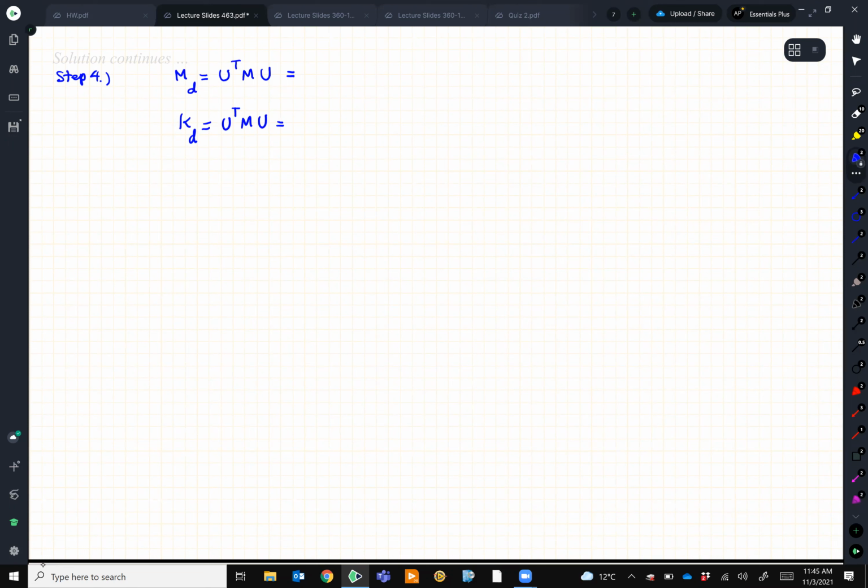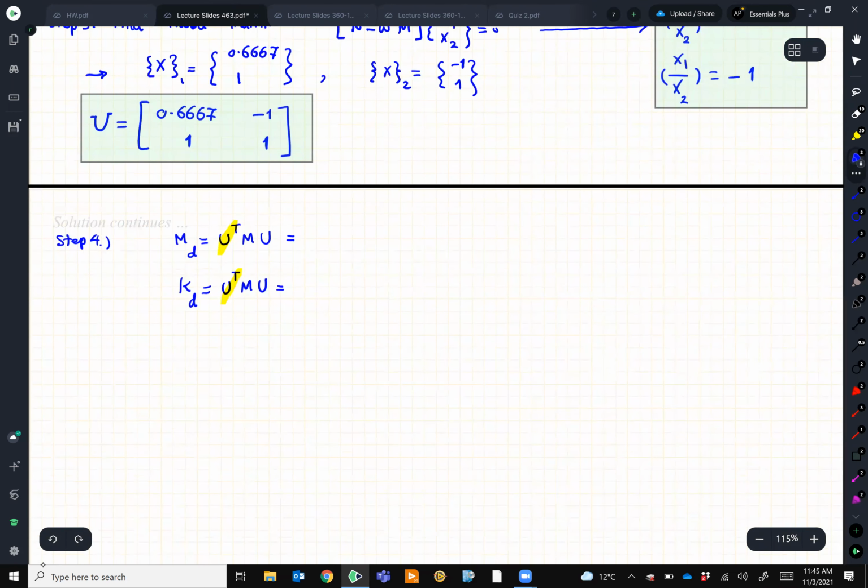And here is something that I have to admit. Today, when I was doing this calculation, I forgot to put this transpose there. So I found this U. This is also good for your exam. Immediately I said, okay, M D U, without writing the equation, I put the U matrix, the M matrix, and again the U matrix.